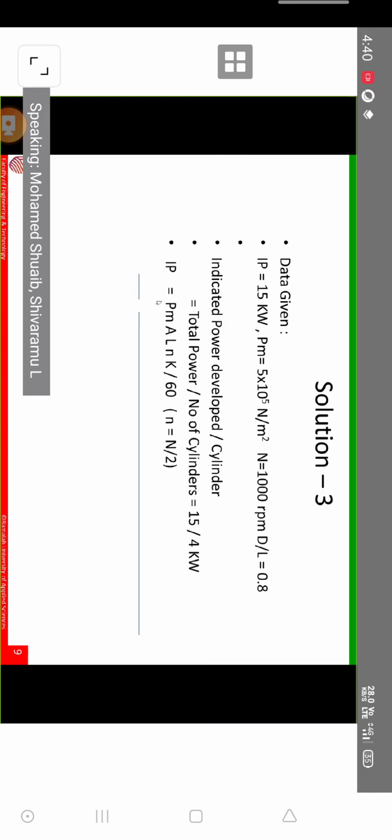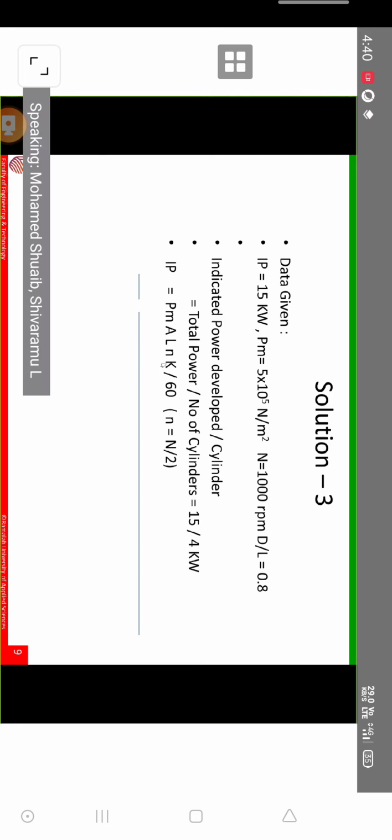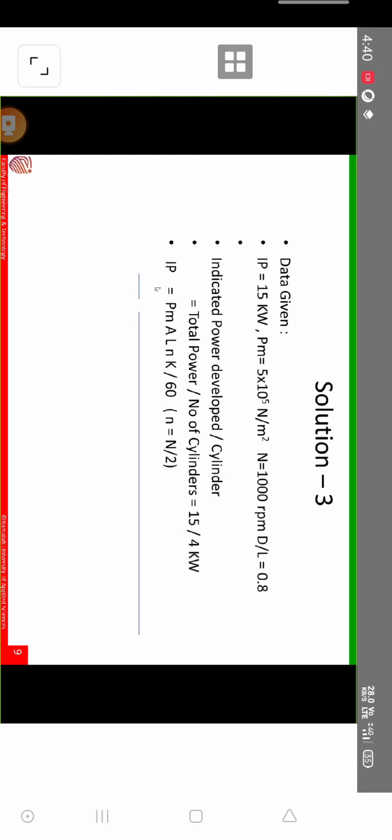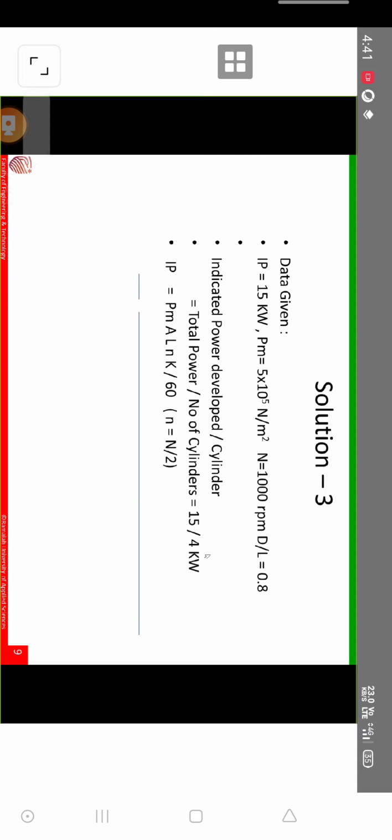See, this is the formula. IP is equal to P M A L N K divided by 60. As I told you, N is equal to N by 2 because this is a 4-stroke engine. What they have done here is with the K value. If you are taking K value directly as 4, then your IP will be 15. If you want to take K is equal to 1, then you take IP divided by K, that means 15 divided by 4.